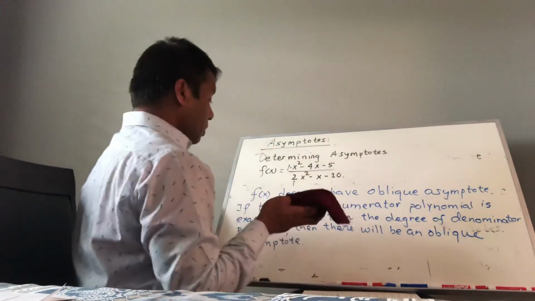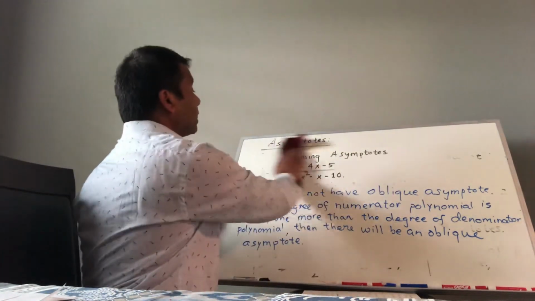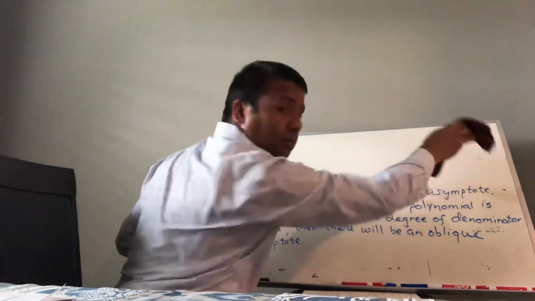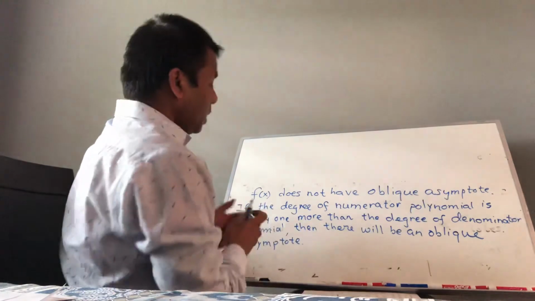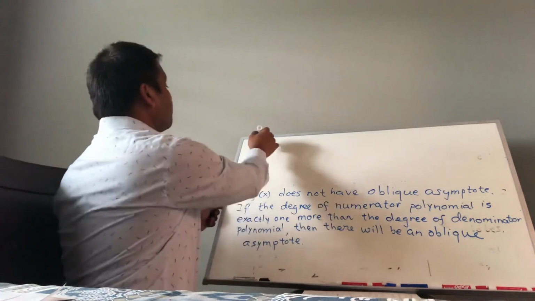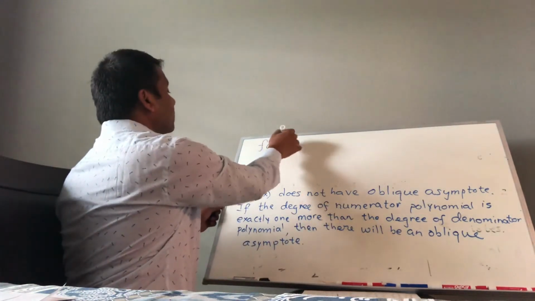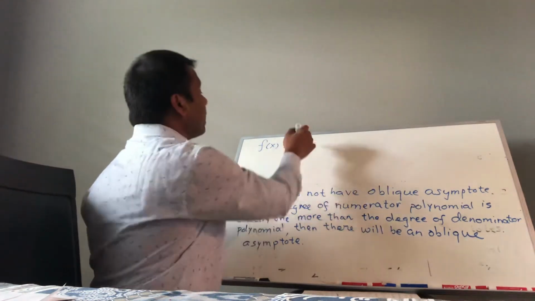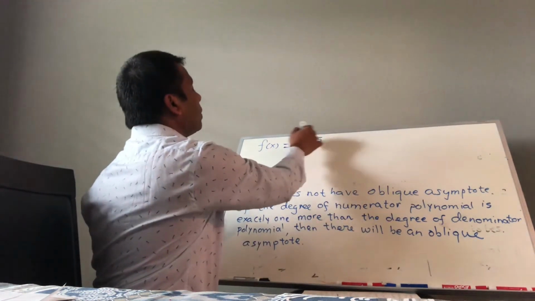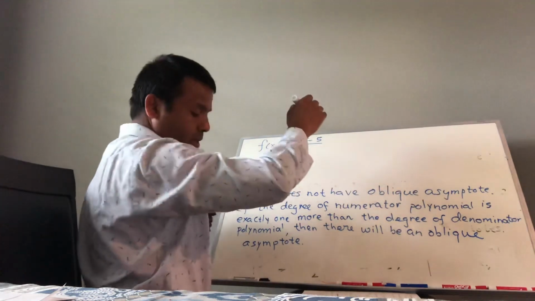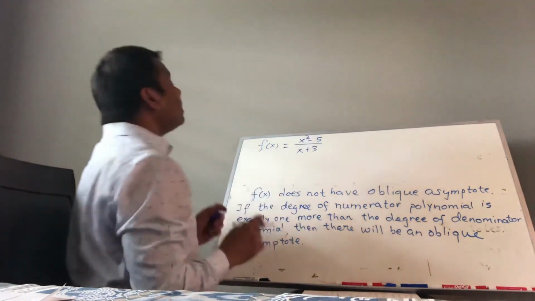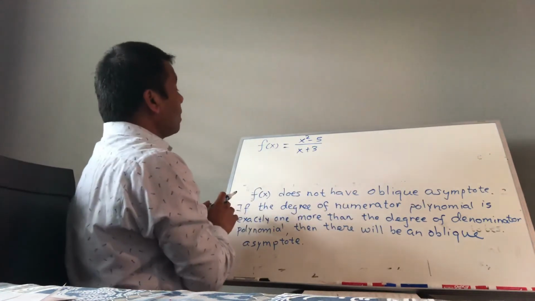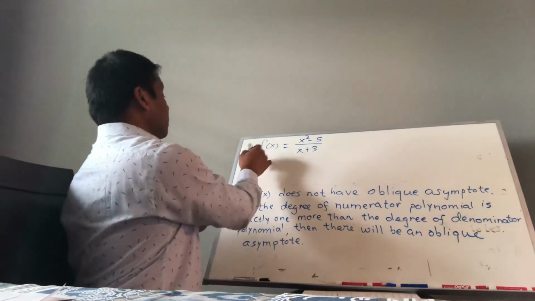Okay? So let me give you the next example. If we consider the rational function f(x) equals x squared minus 5 over x plus 3, what is the vertical asymptote?